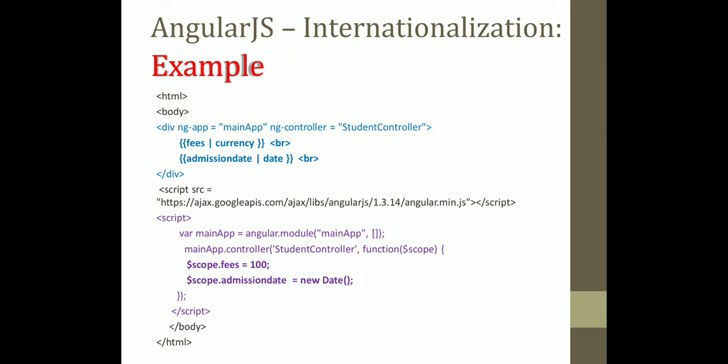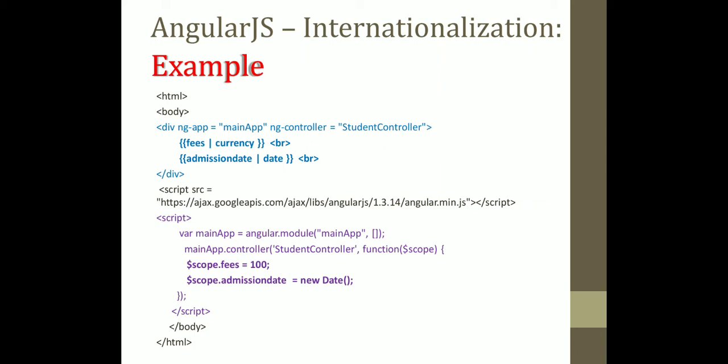As told before, it is made with some built-in filters. So we have defined some expressions like fees, which is in currency. Second, admission date, so the filter will be date, and close that directive tag.